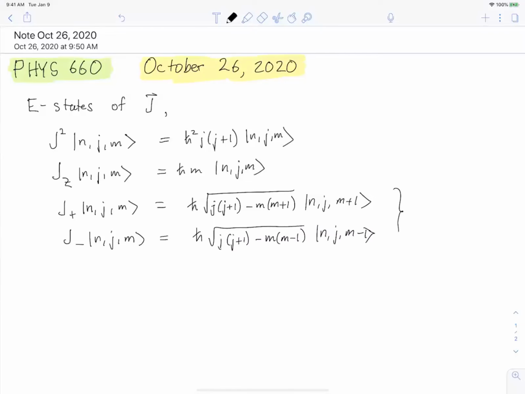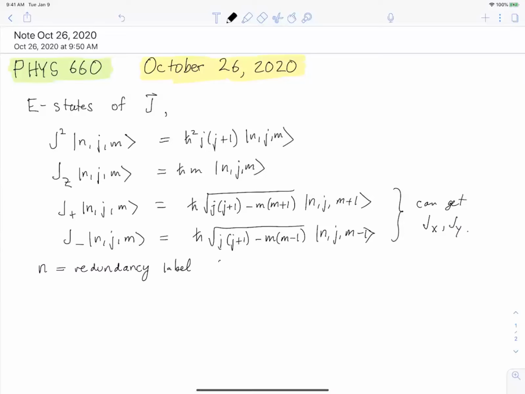Okay, and so from the last two, you can get Jx and Jy, because they are linear combinations of J plus and J minus. And again, N here is a redundancy label from the point of view of angular momentum.